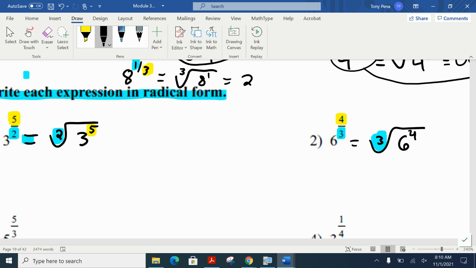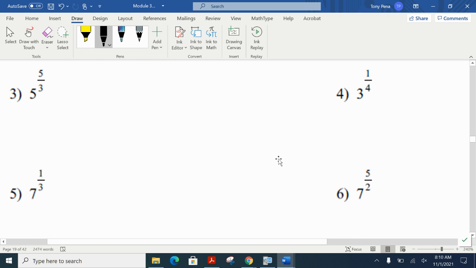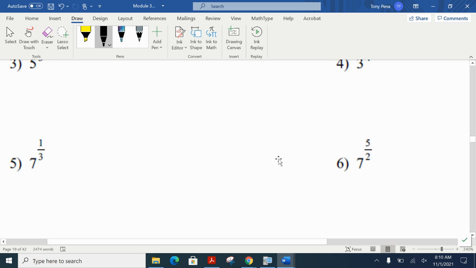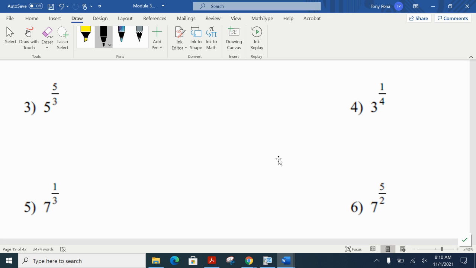All right, got it? Simple enough. Do the rest of those then. Do 1 through 6 anyway, or 3 through 6. So you're just rewriting them. Every one of them is a radical, and then just what does the numerator and denominator mean in the radical?